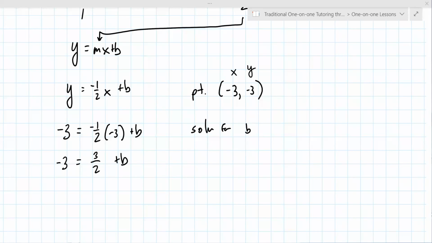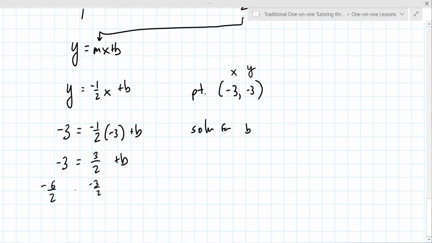All right, so now you've got to solve for b. So go ahead and solve for b, please. Let me know what you come up with. I get 3 over 2 for b.